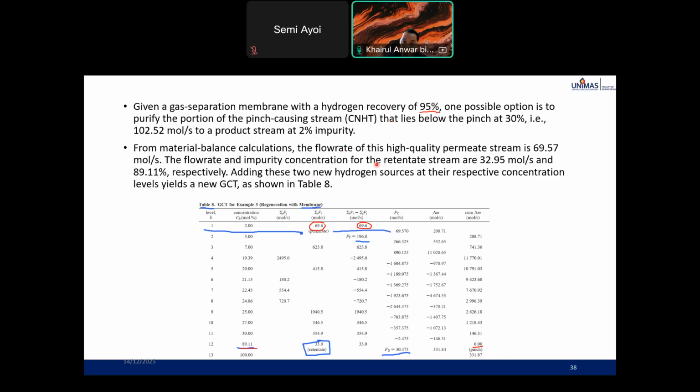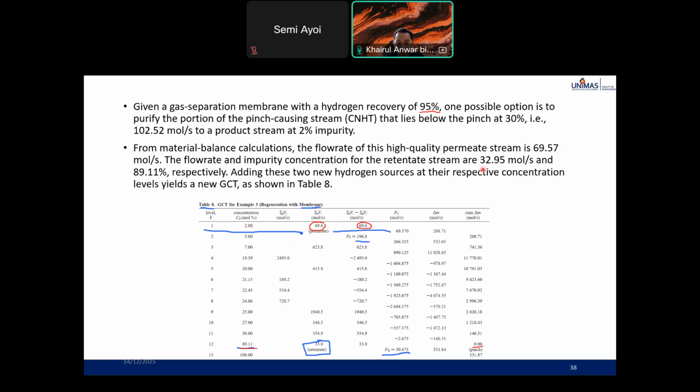They come up with another statement here, the second point, which says that for the membrane treatment, only 69.57 is treated to this quality.